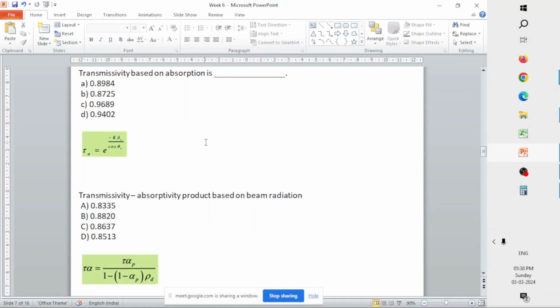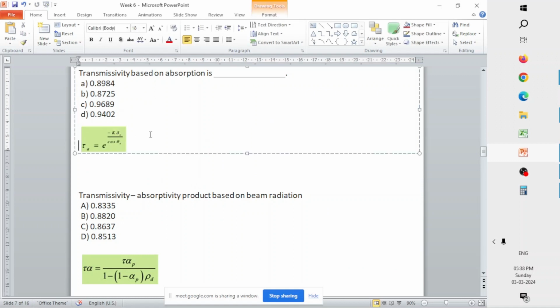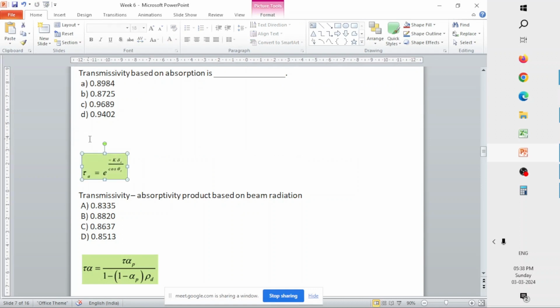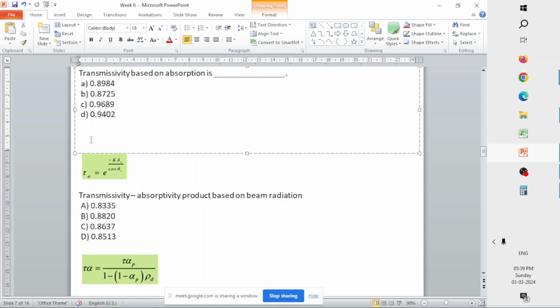Then we move on to calculate your transmissivity due to absorption and transmissivity absorptivity product based on beam radiation. So this is the formula. So tau alpha is e to the power minus k.